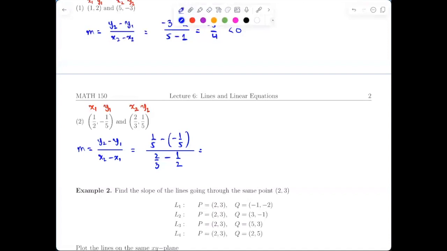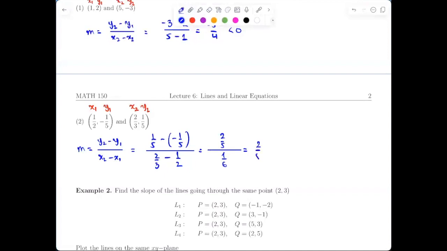Let's start with the numerator. What do you get for the numerator? 2/5, right? What is the denominator? Did somebody say something? 1/6, yes. All right. When you divide a fraction, that means you can multiply it by the reciprocal.